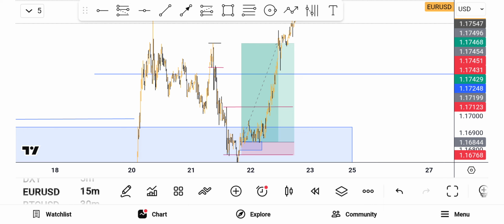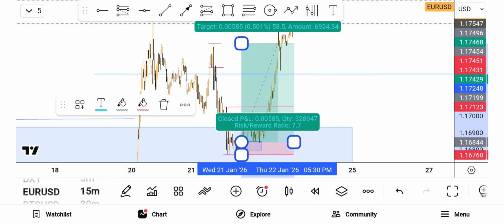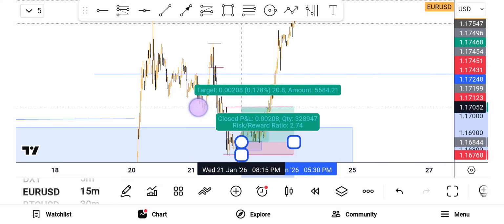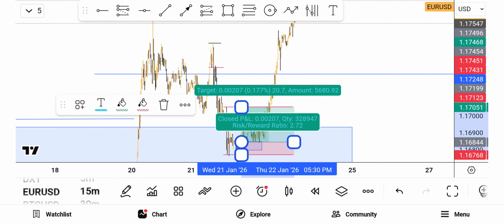But to be on the safer side and to have a consistent win rate, you stick to your candle range. You don't allow greed to enter. Don't be so greedy to make more money, because you might lose everything you have made in chase of having more. So be grateful for the one you made and keep it.